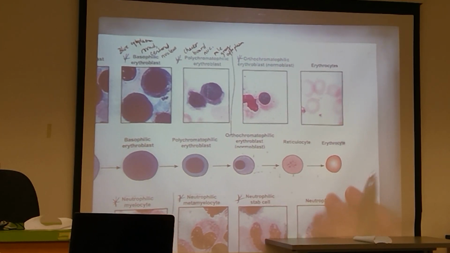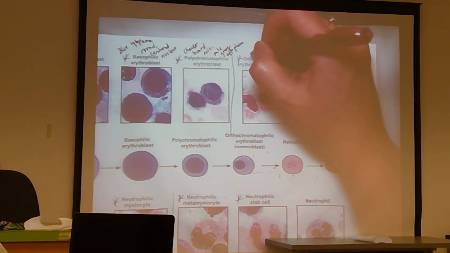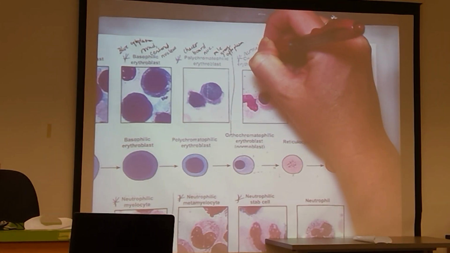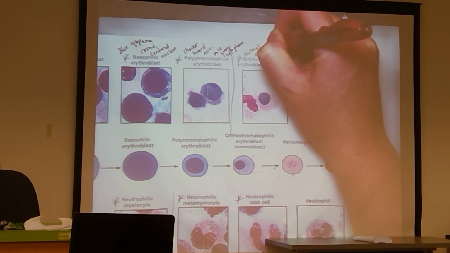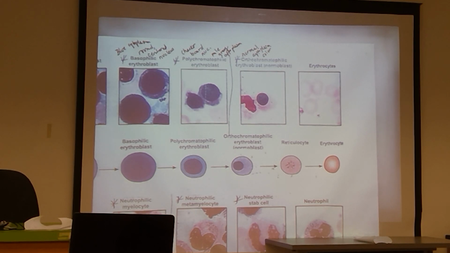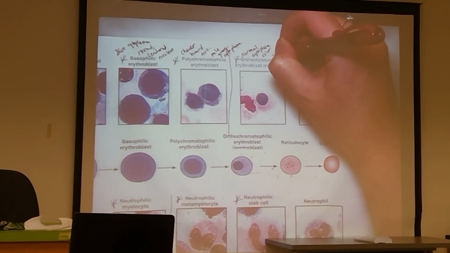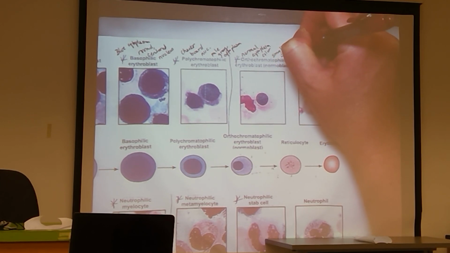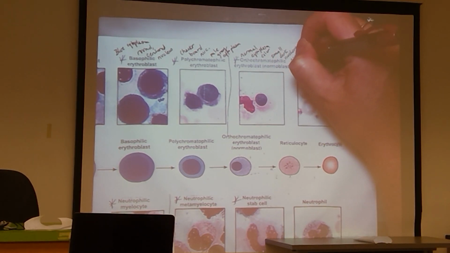By the time we get to the normoblast, it has more of a normal red blood cell cytoplasm color. Small, dark nucleus, which is more eccentric.